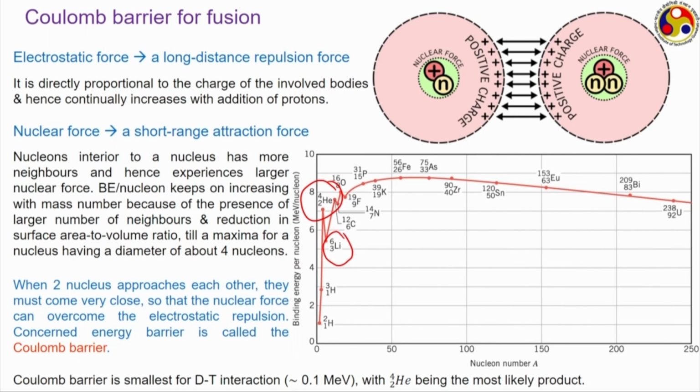From quantum theory, this can be explained: all the 4 nucleons, 2 protons and 2 neutrons, which helium 4 comprises, can all remain at the ground state, and therefore that provides the highest binding energy per nucleon among all the lighter nuclei. And as the product of this DT reaction is also helium, that is another reason for this to be the most likely kind of fusion reaction.